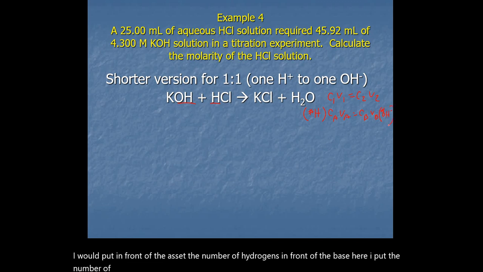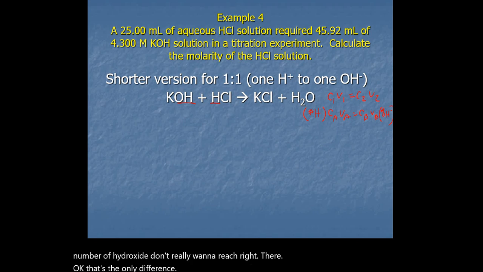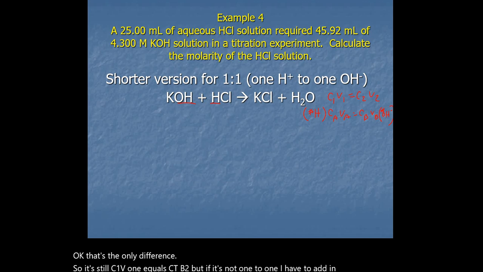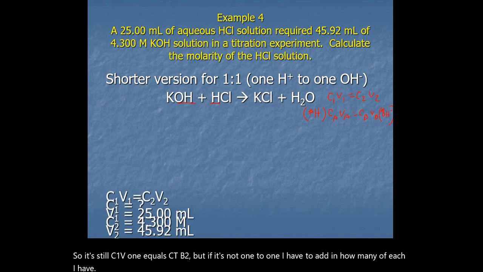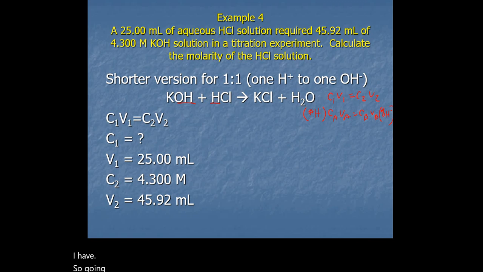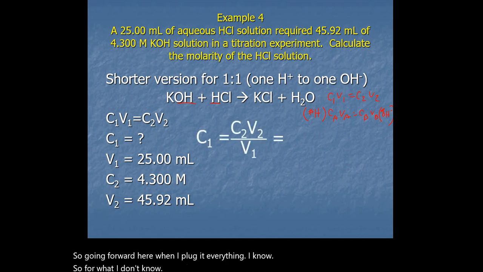Okay, that's the only difference. So it's still C1V1 equals C2V2. But if it's not 1 to 1, I have to add in how many of each I have. So going forward here, C1V1, I plug in everything I know. Solve for what I don't know. I don't know C1.